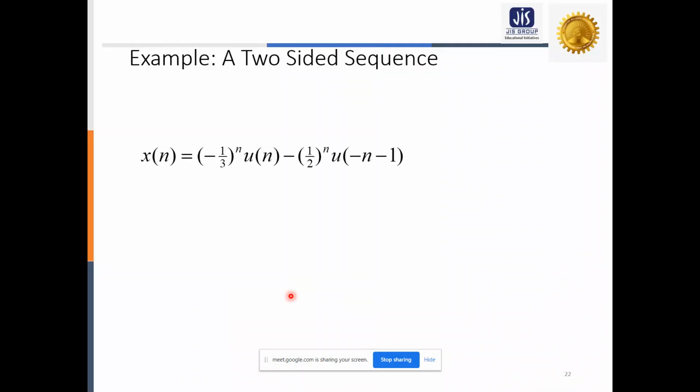now two-sided sequence. This is a two-sided sequence: minus 1 by 3 to the power n u of n, minus 1 by 2 to the power n u of minus n minus 1.